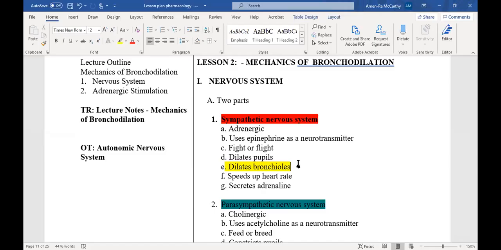Aha, albuterol, I found one. So now they give the person albuterol, and it mimics the effects of the sympathetic nervous system and leads to bronchodilation. Any questions on how that works? Because we have a long way to go. Everybody understand that?